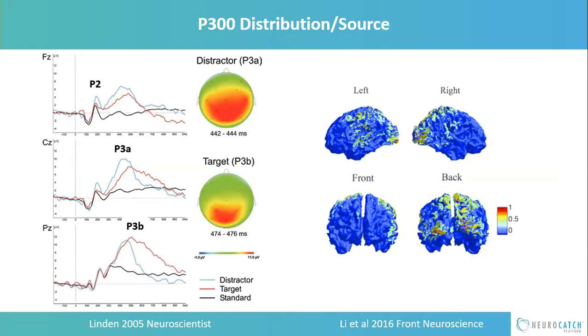This MEG result for the P3B demonstrates that it is a distributed network of active areas in the cortex, very much involving your parietal, temporal, and frontal lobes. It makes perfect sense for attentional cognitive processing, which uses a lot of your cortex in a distributed way. Next slide, please.